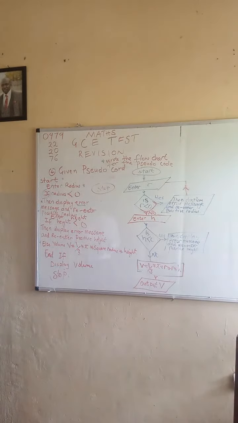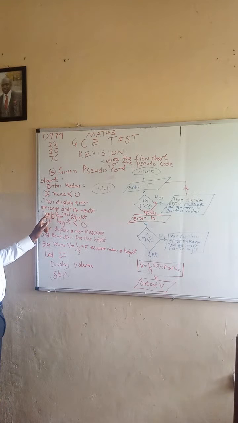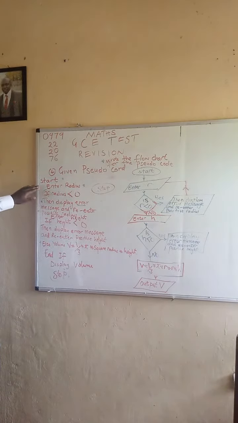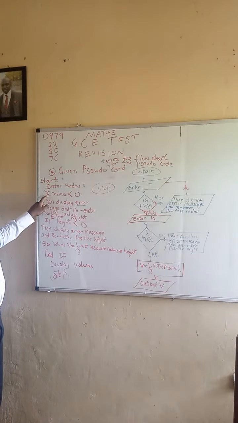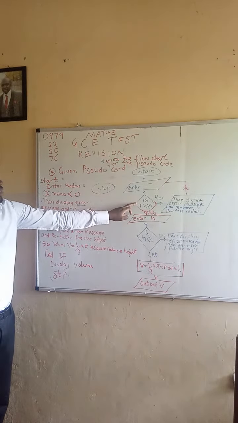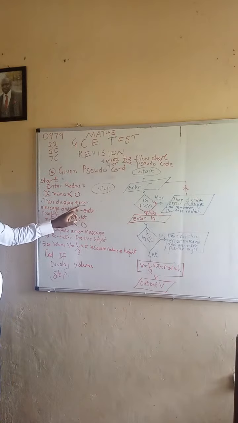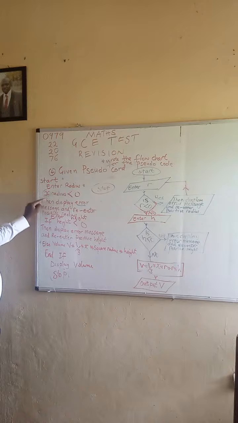I really hope you have understood, because we made a mistake in the question. We forgot to put enter height. So there is start, first sentence, enter radius, which is what we did here. And then the condition if radius. The error message is attached to this if radius.